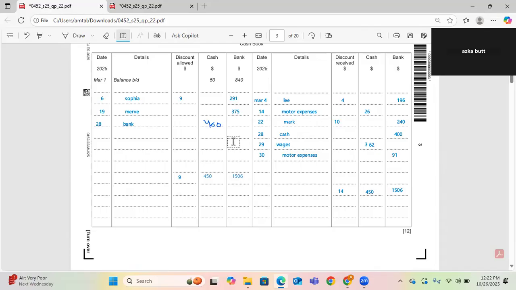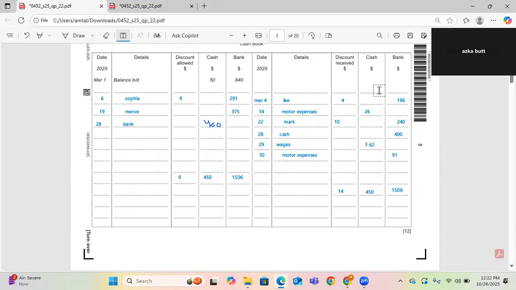Now we will be deducting the debit side. So 1506 minus the credit entries. This side is the heavy side, 1506. And 400 plus 50, this is equal to 450. And $9 is like this.